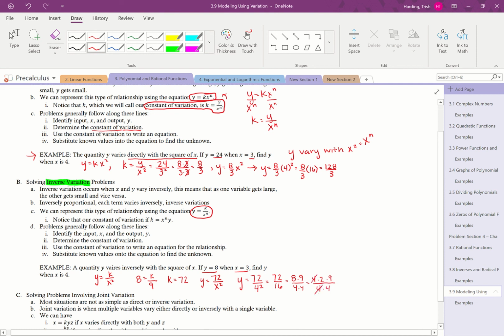So we can get rid of this. We can also break this bottom 4 down further into 2 times 2, and these will cancel. So we will get 9 divided by 2. And that is our y.